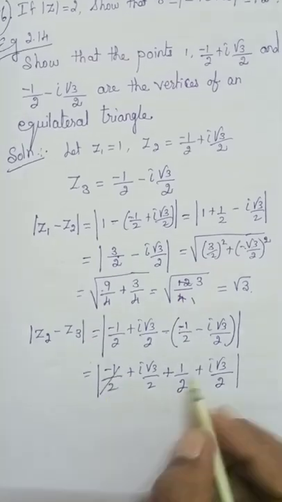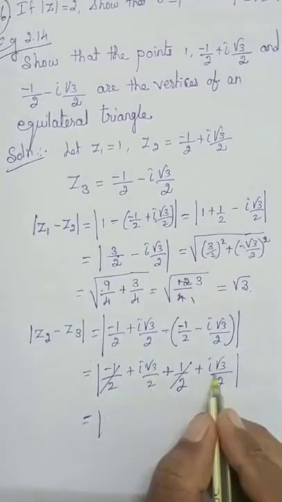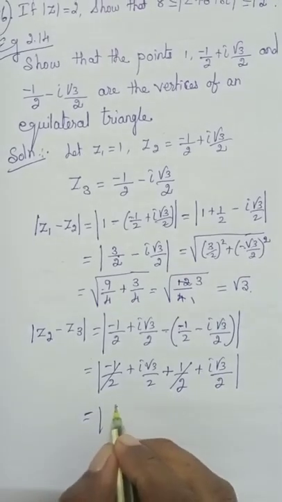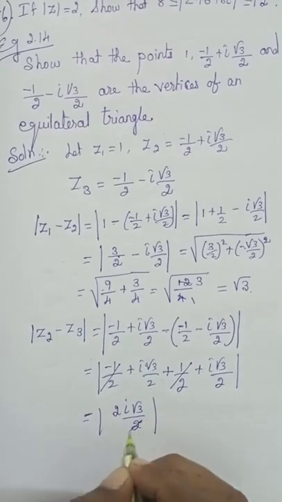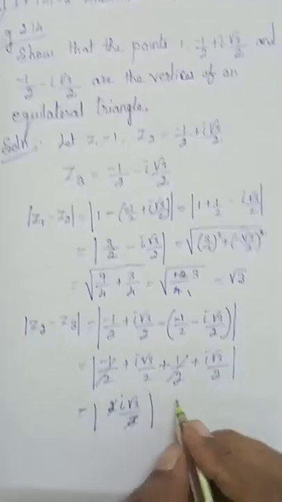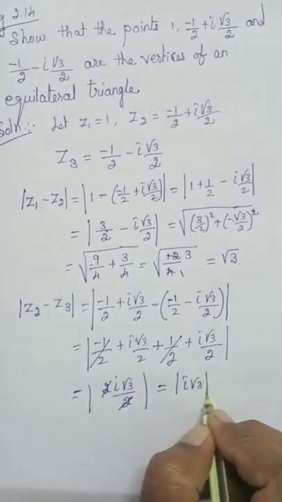Here minus 1 by 2 and plus 1 by 2 will get cancelled. i root 3 by 2 plus i into root 3 by 2, that is 2i into root 3 by 2. 2 and 2 will be getting cancelled. Now that is modulus i into root 3.